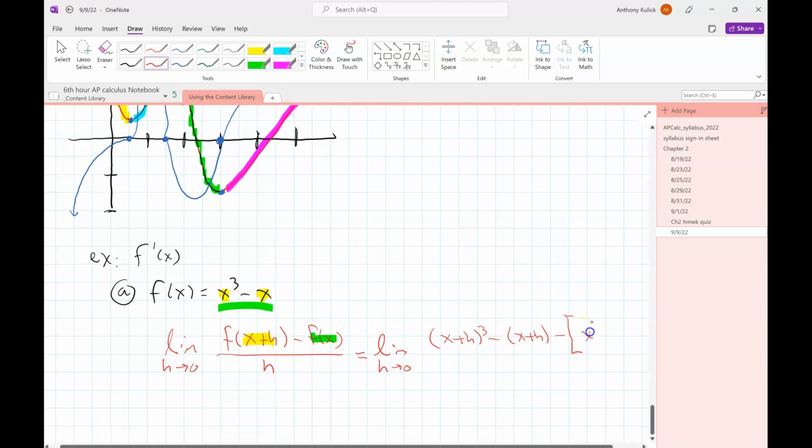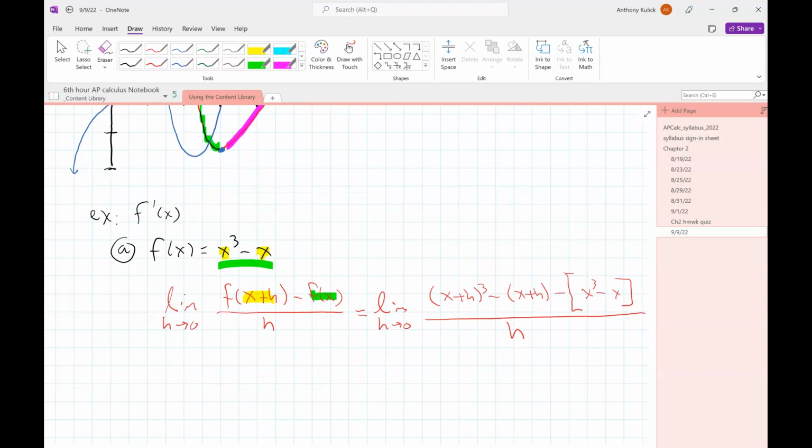Just f of x. Notice that I'm being careful to put that in parentheses, because what do I have to be careful about? Yeah, distributing that negative, right? Again, very easy Algebra 1 level mistake to make, but these are the kind of mistakes that are not calculus mistakes that create big, big problems when you try to do stuff like this. You know what I mean?